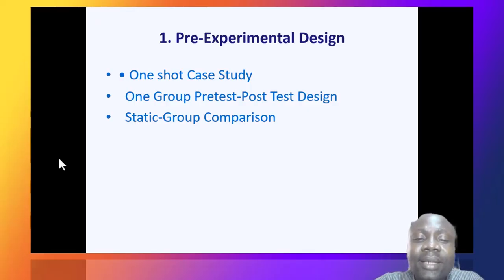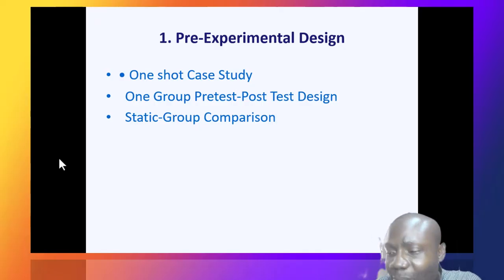Afterwards, the treatment is administered and there is no control. Then after that, a post-test is administered. And when the post-test is administered, the difference between what is obtained previously in the pre-test and the post-test informs the data analysis. And we have the static group comparison.